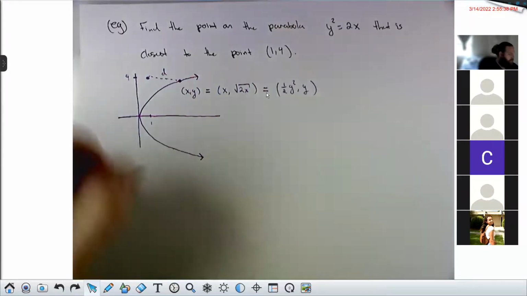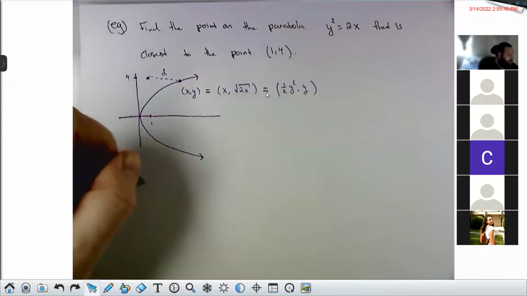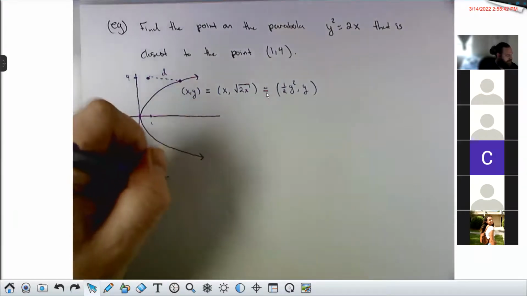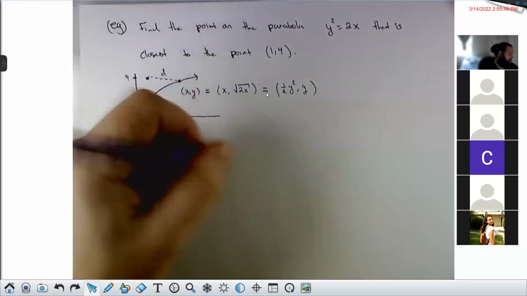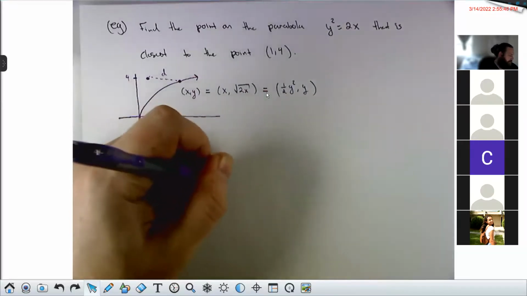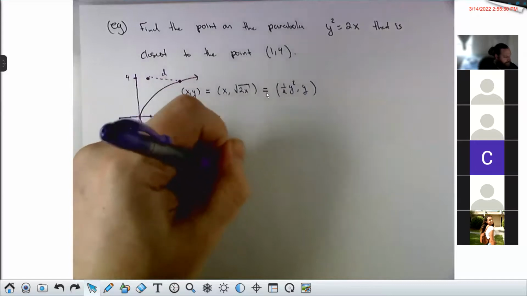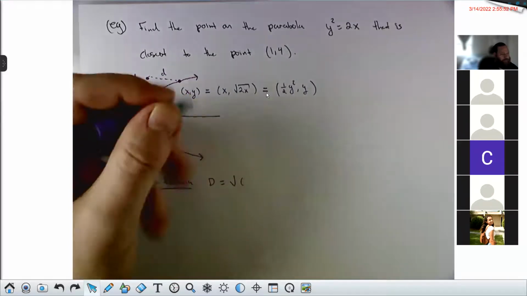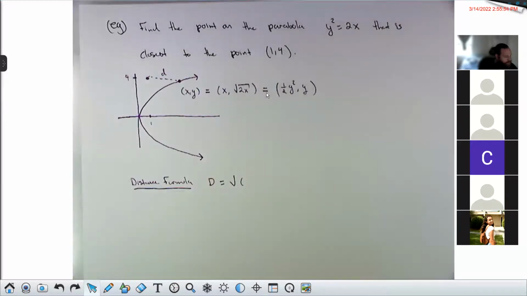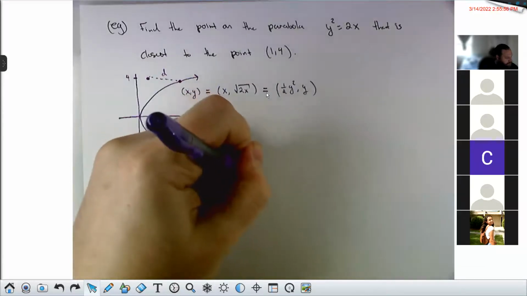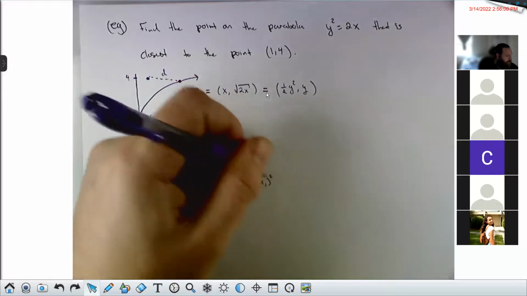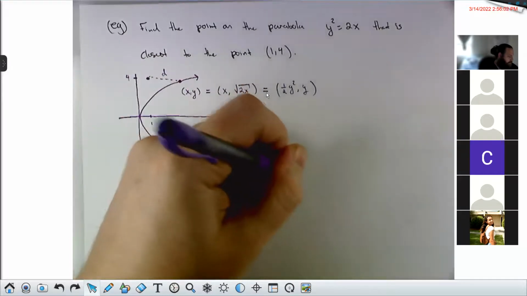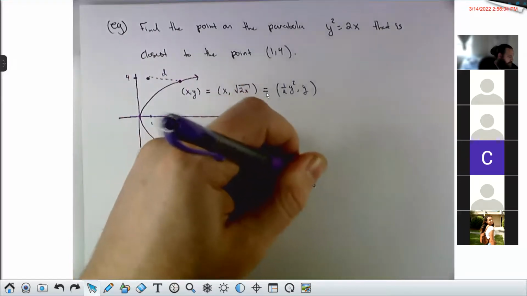So remember your distance formula. It says that the distance from one point to another, like distance from x1, y1 to x2, y2, is the square root of x2 minus x1 squared plus y2 minus y1 squared.